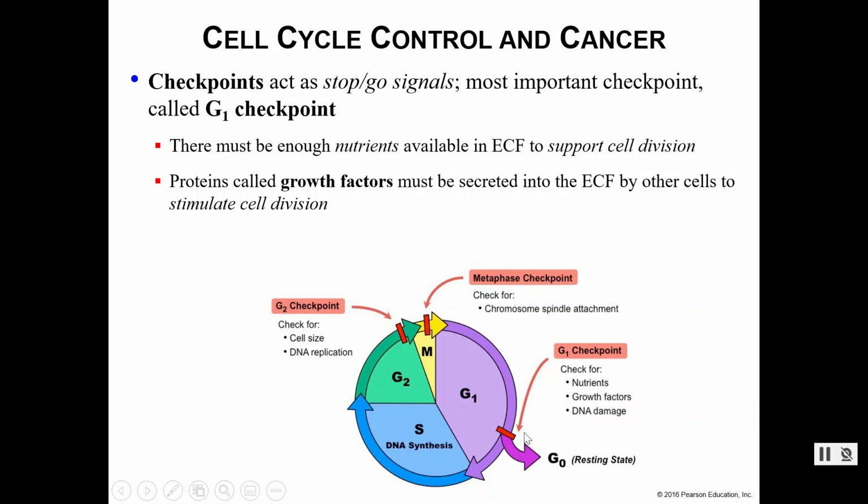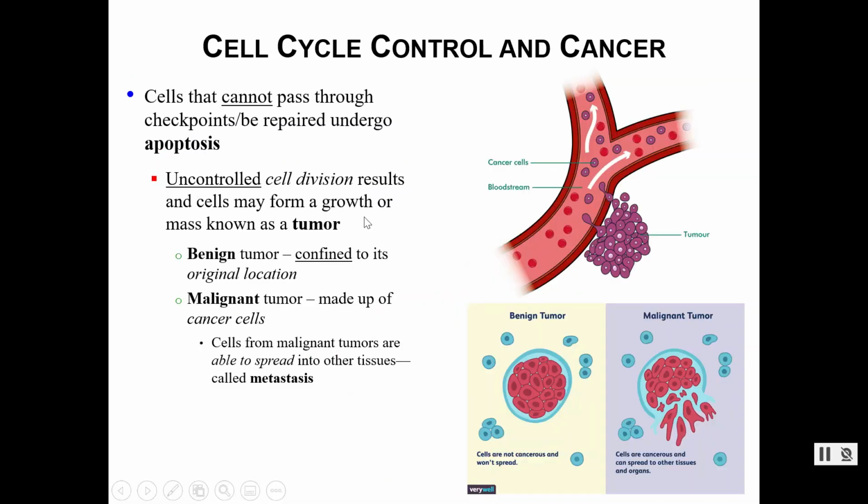But if we get to that checkpoint and something is just terribly wrong, if that DNA is damaged beyond repair, we are not going to want to continue through this cell cycle. Because if we finish mitosis, now we have two cells that are grossly damaged, and we're just going to keep on going. What do we call that? Well, we've made a tumor. Uncontrolled cell division, that's how you get a tumor.